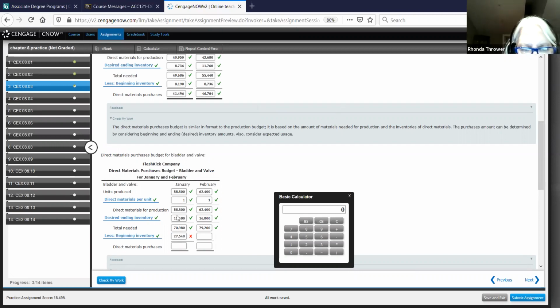So let me try this again. 58,500 is what I should have picked up here. 58,500 times 20% is 11,700. Helps if you multiply right.